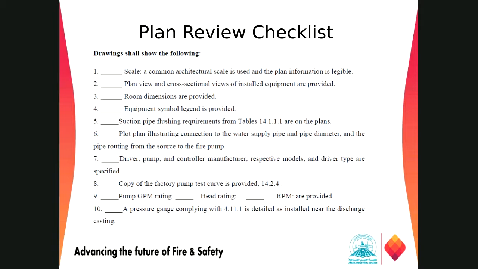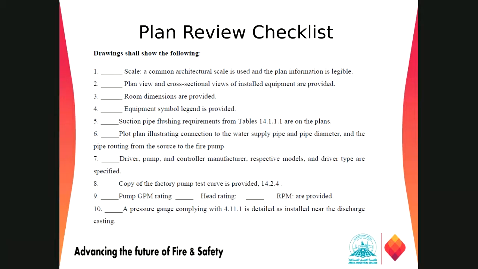Now the last one, we have the plan review checklist for the fire pumps, right? Look for the scale, the plan view, cross-sectional view of the pumps, the dimension of the room, equipment symbol and legend, right? The suction piping requirement, discharge piping requirement, drivers information, pump and driver, pump controller, manufacturer, and all that information should be there, right?